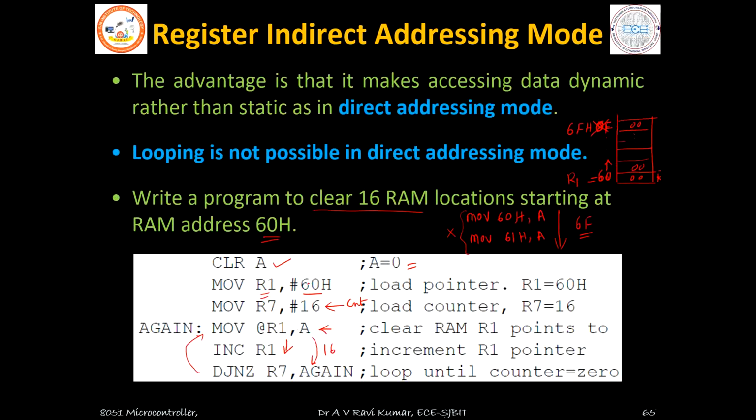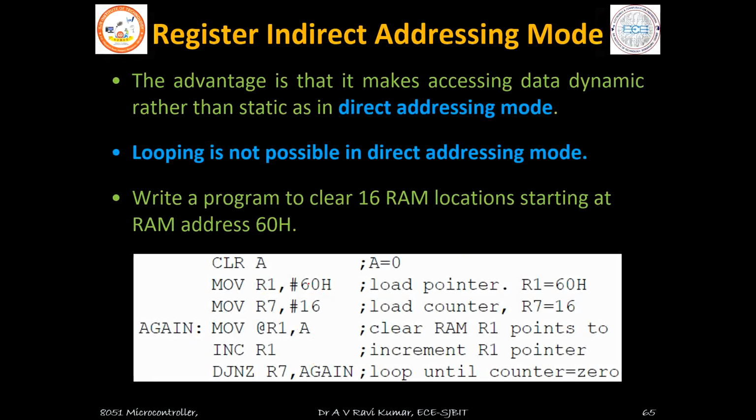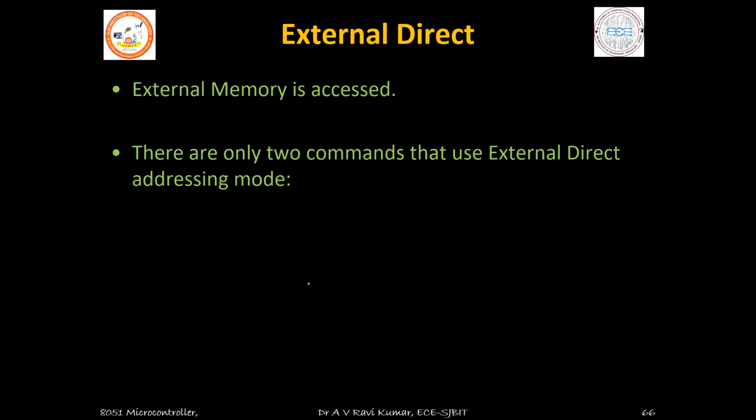So you might be clear with direct and indirect addressing, and the difference between them. One more concept here is the external direct addressing mode. How can I access an external memory location? There are only two commands that use external direct addressing mode.